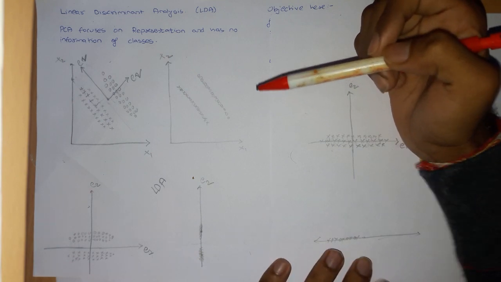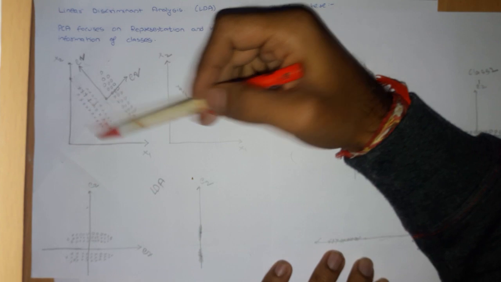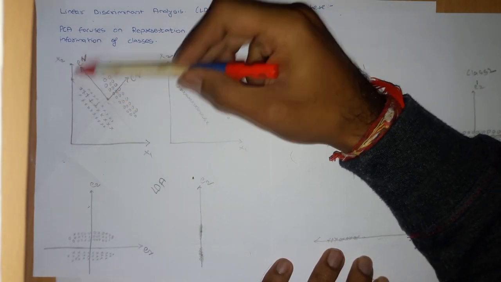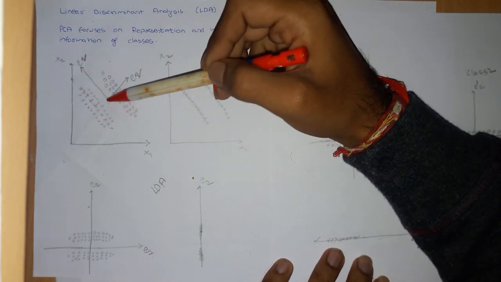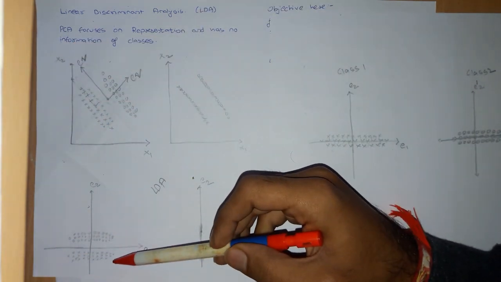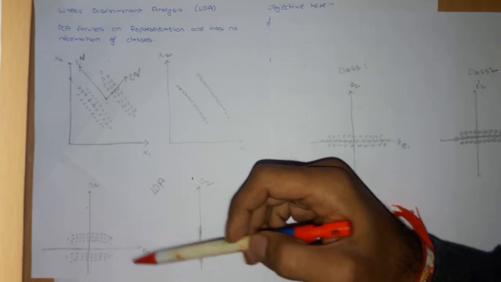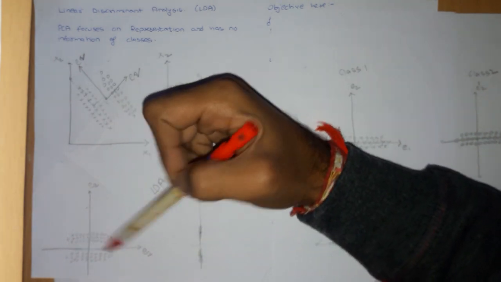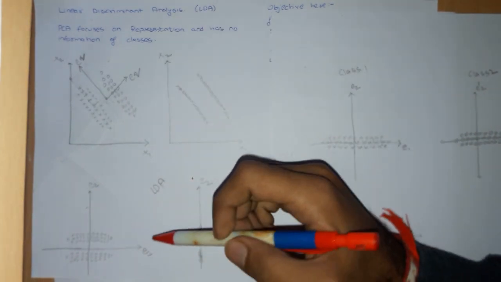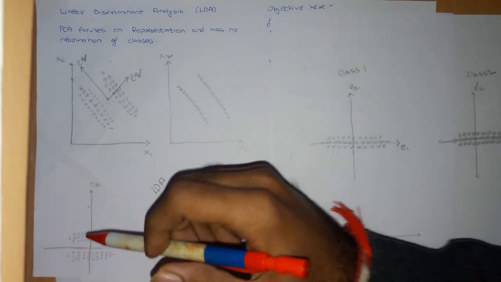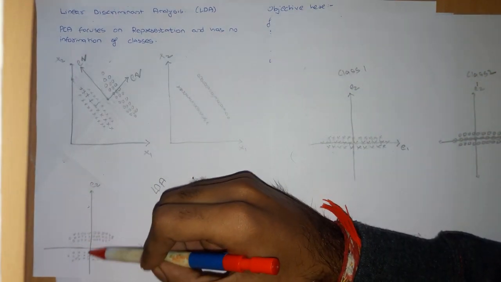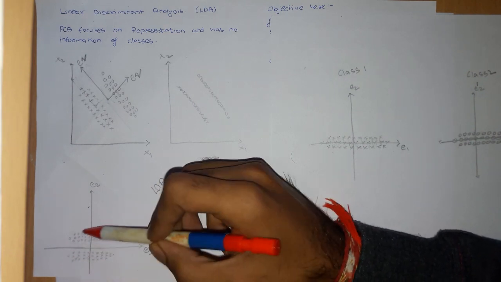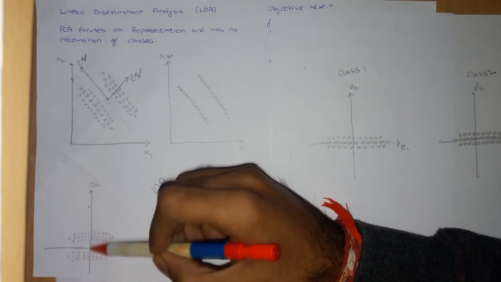But what LDA says is you combine the classes and take the mean of the combined class, take its eigenvectors, go into the eigenvector space, and now don't choose the maximum variance axis. Initially PCA used to choose the maximum variance axis. Now choose that axis which gives you the maximum separability. Here you can see this axis gives you the maximum separability between the two classes.